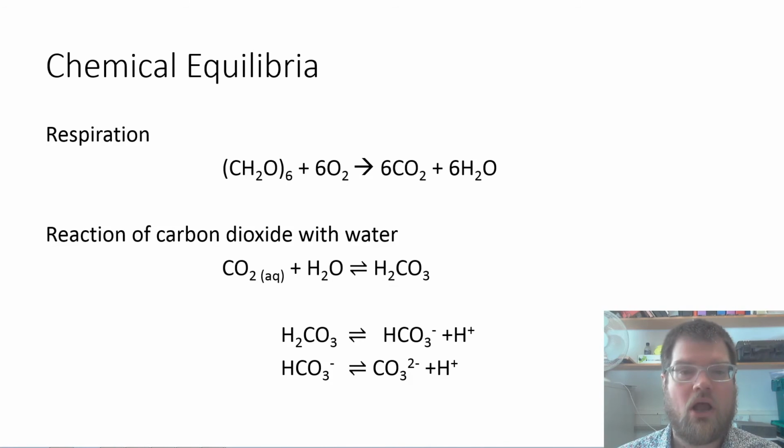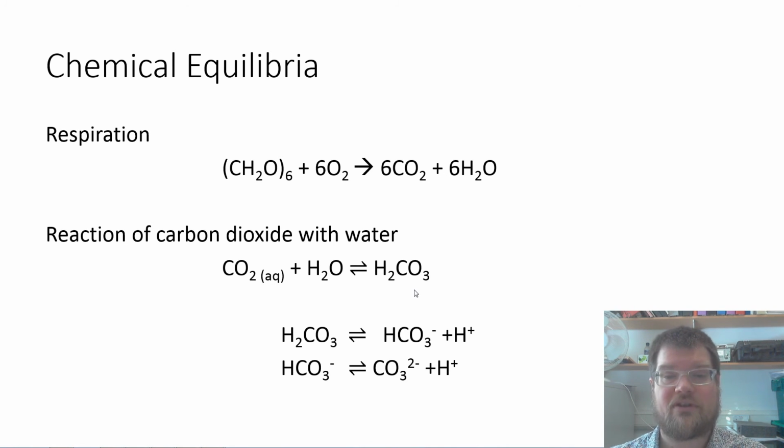Okay, so the other kind of reaction is an equilibrium reaction. This is where we have a set of reactants that might react together to form a product, but rather than that product being stable or going away or not interacting anymore, our product can react back and form the reactants again. So there's this constant exchange between reactants and products going backwards and forwards.